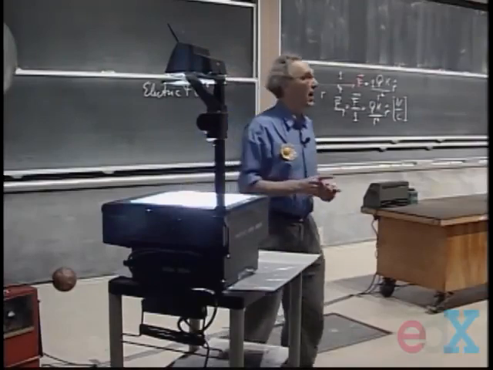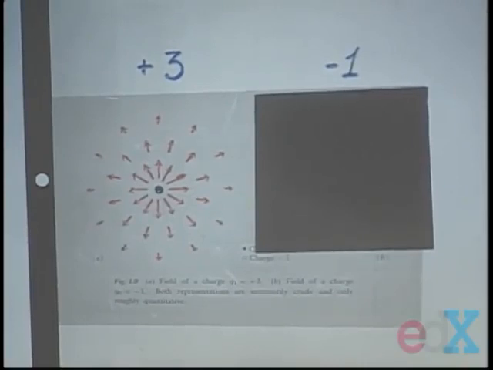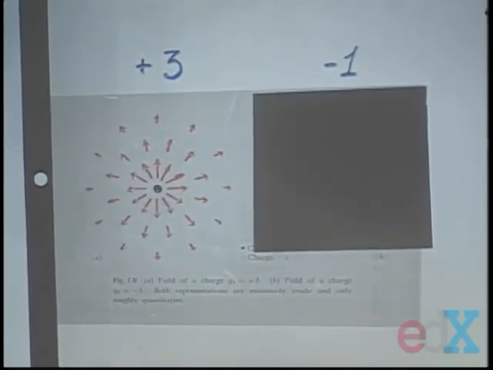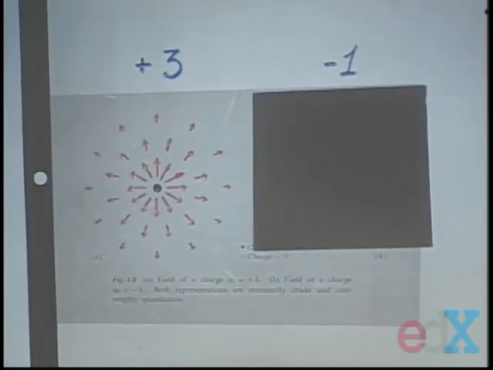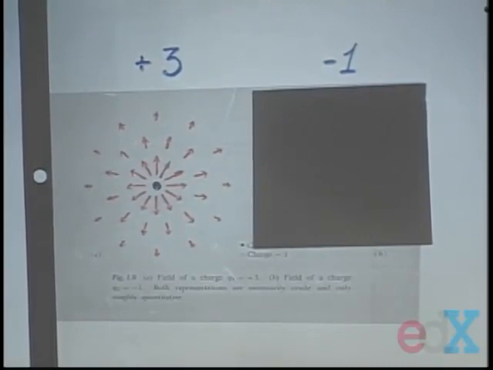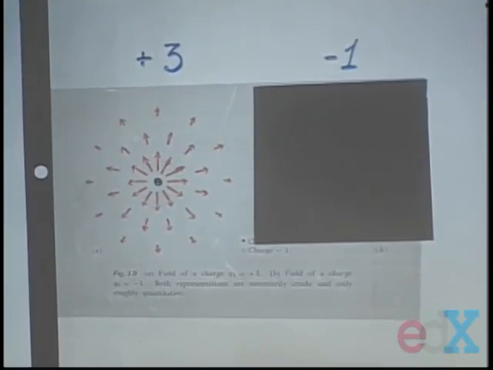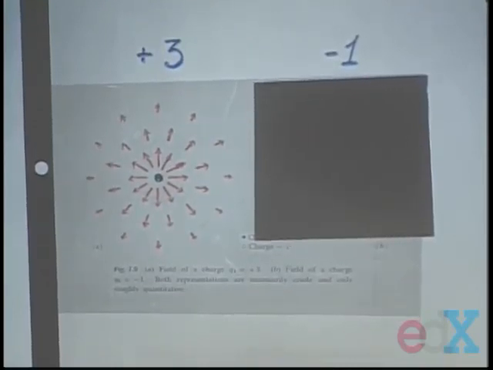So by convention, the arrows are pointing away from the charge in the same direction that a positive test charge would experience the force. And you notice that very close to the charge, the arrows are larger than farther away. That is trying to represent the inverse r squared relationship. Of course, it cannot be very quantitative. But the basic idea is, this is of course spherically symmetric if this is a point charge.